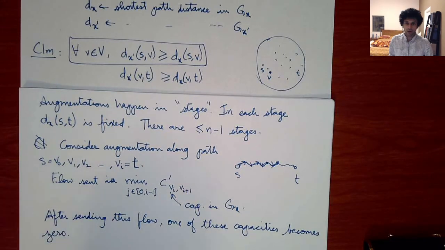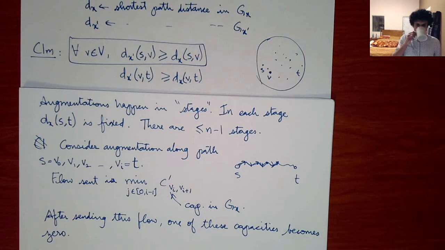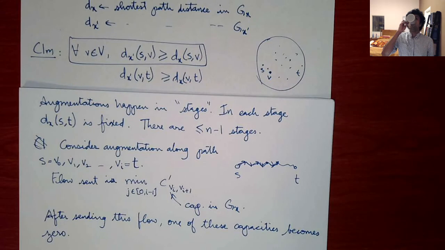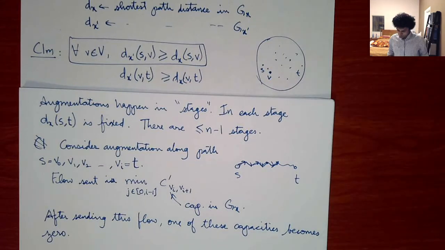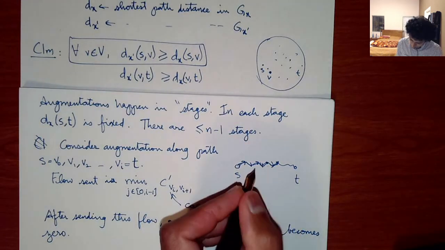Why does one of the capacities become 0 after sending this flow? Because we've sent the min of all of them, and the min is the value of one of them. Exactly. So there's going to be some edge over here, so maybe it's this edge.